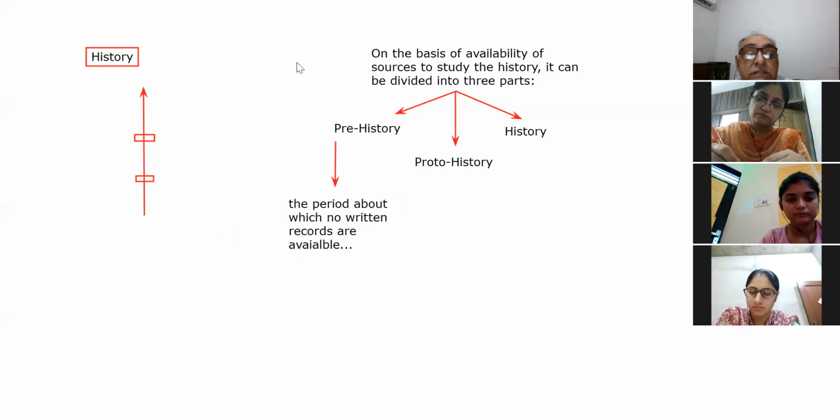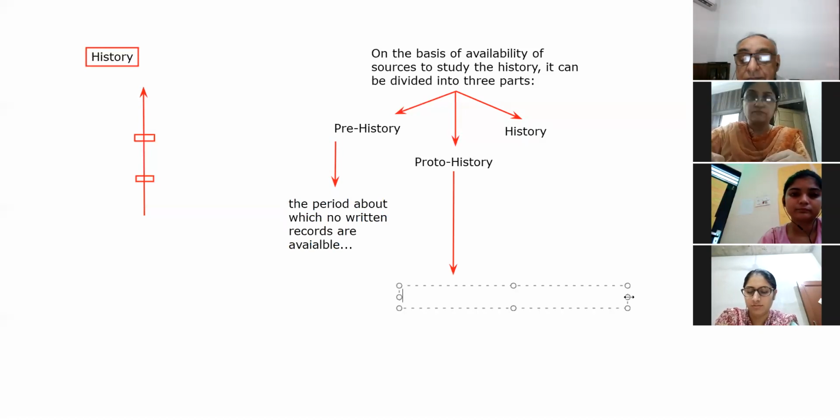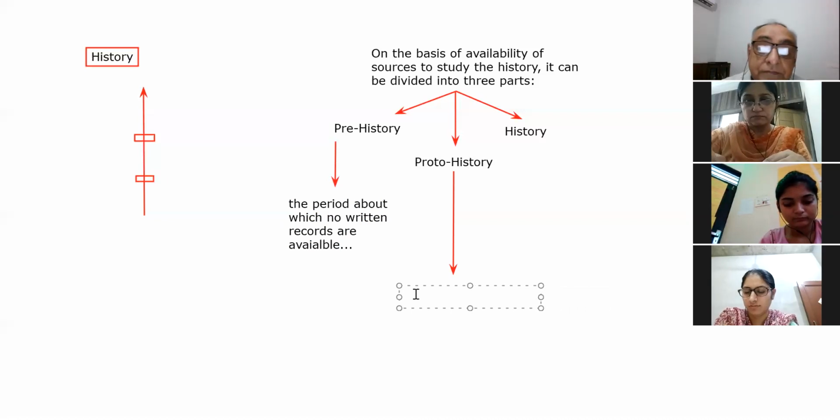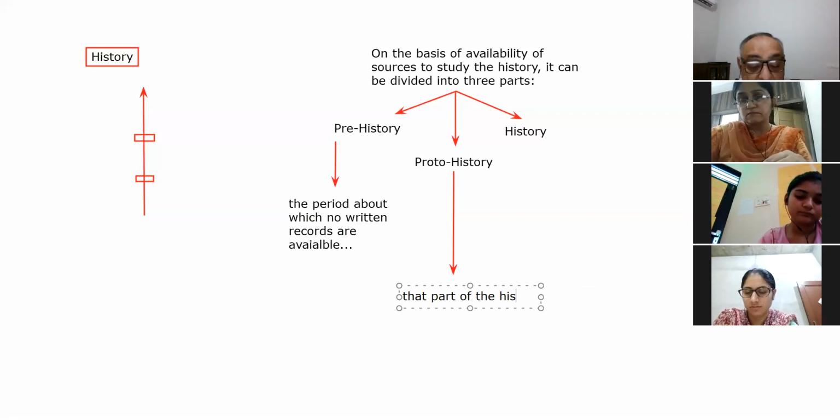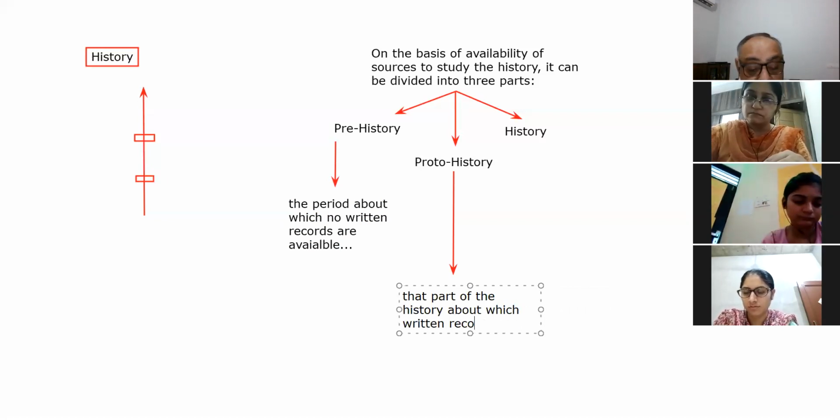And the second is the proto-history. Proto-history is that period about which written records are there, but the script has not been deciphered, right?